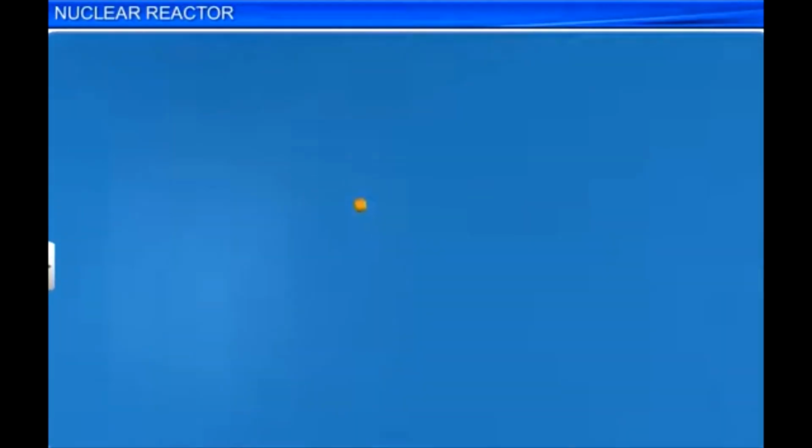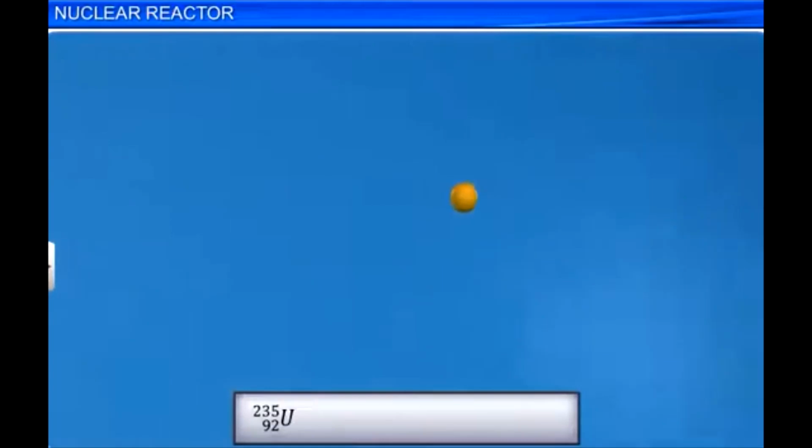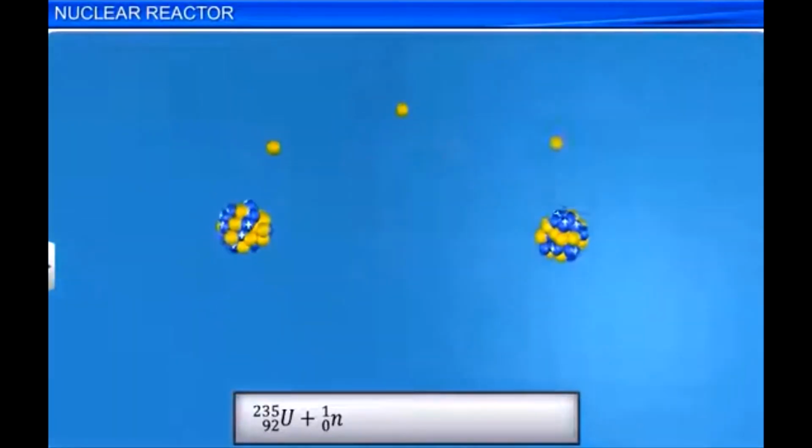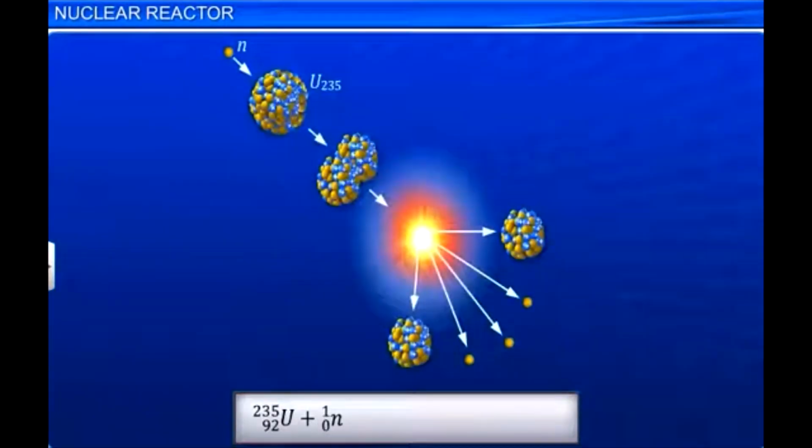We know that when a uranium-235 nucleus absorbs a neutron, it undergoes fission and in the process releases neutrons. Nuclear fission of a heavy nucleus like uranium-235 yields enormous amount of energy. Also, 3 neutrons are released along with the fission products. In fact, an average of 2.5 neutrons are released in the fission of a uranium nucleus.